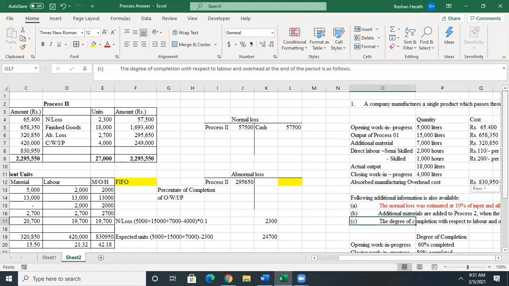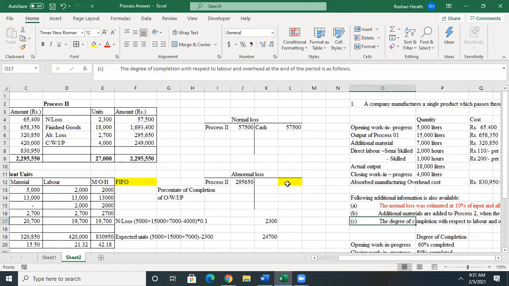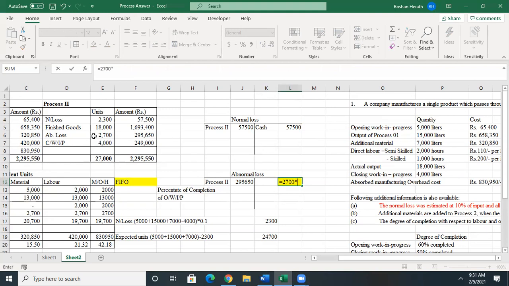Hence, for this abnormal loss, you have 2,700 units that can be sold at 25 each. This is the money, the cash, that you would get.